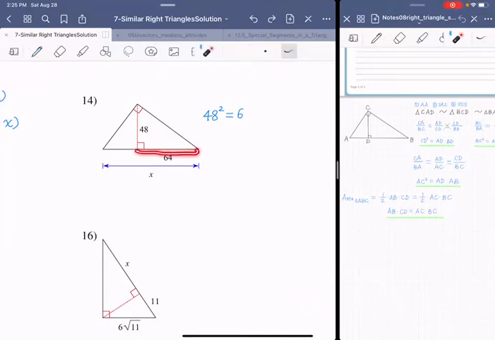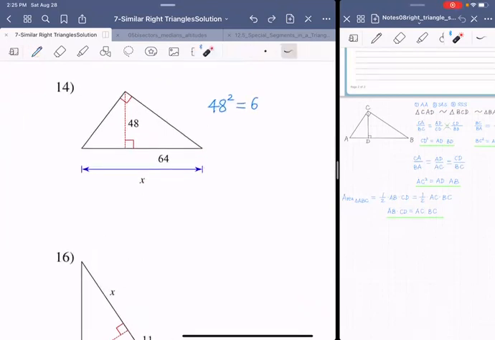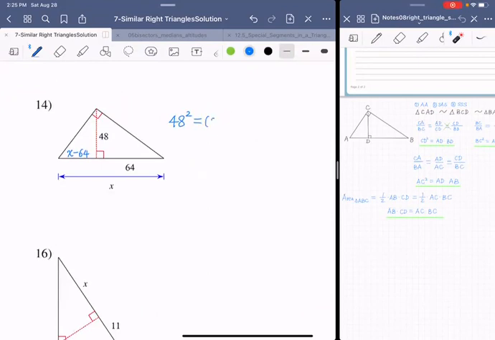This is 64. This is x. Oh, yeah. Correct.